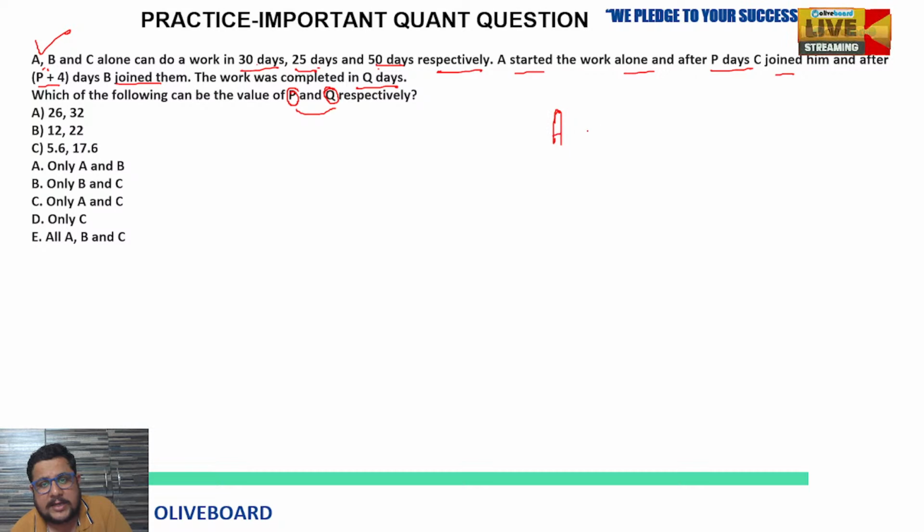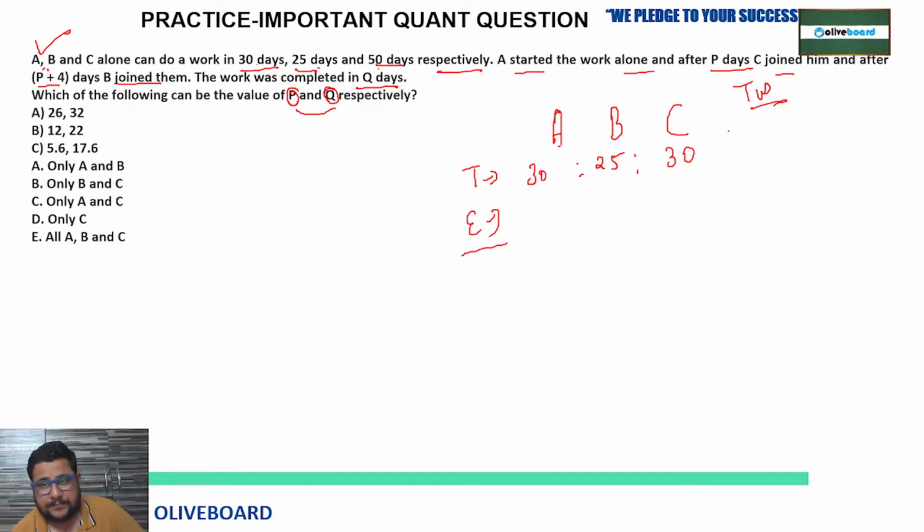So they are talking about A, B and C, and how much time they are taking to complete a certain task. 30 days by A, 25 days by B and 50 days by C. So first thing, before moving on to the next statement, we need to take the LCM, so that we can get the total work and efficiency of A, B and C. So 30, 25 and 50. What is going to be the LCM of this?